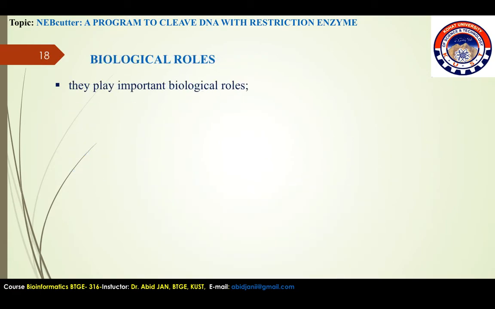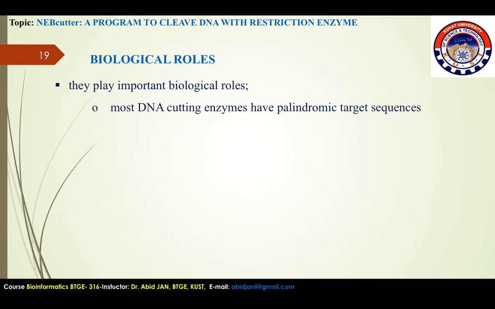Biological roles of palindromic sequences. Palindromic sequences are not merely a curiosity, they play important biological roles. For example, most DNA cutting enzymes have palindromic recognition sequences. Other palindromic sequences serve as binding sites where regulatory proteins stick so they can turn genes on and off.